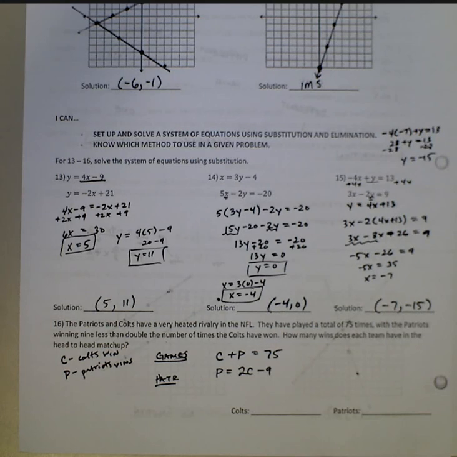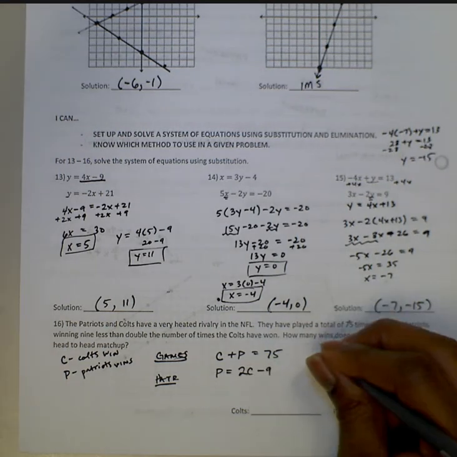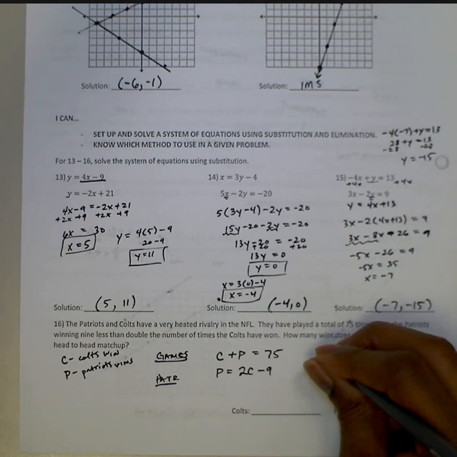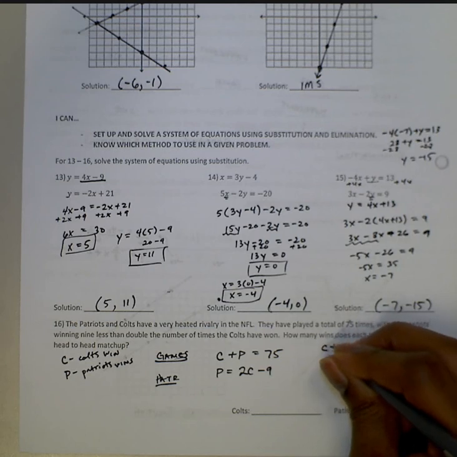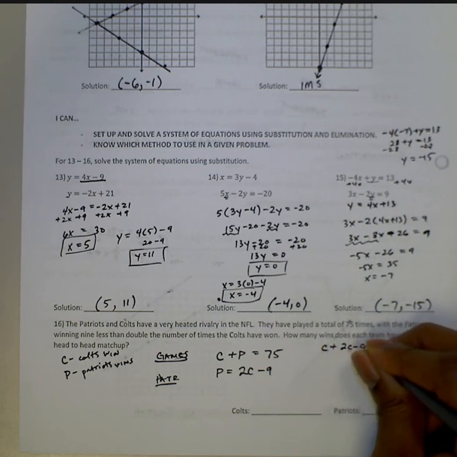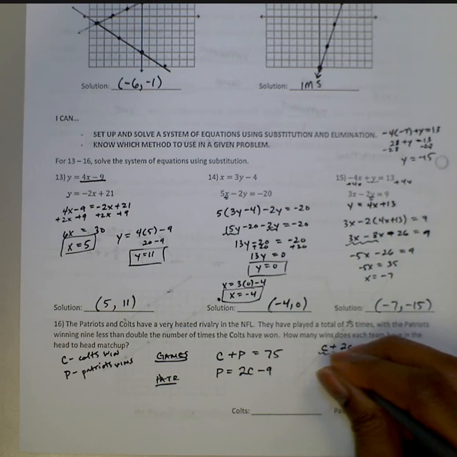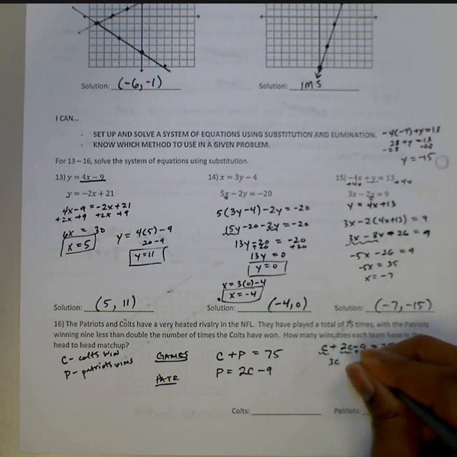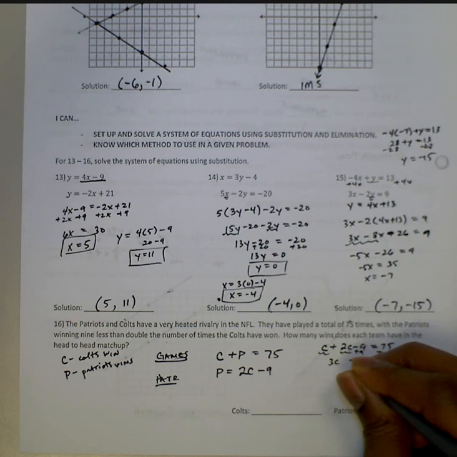This system is set up for substitution because P is by itself. So I'm going to substitute P in that first equation. C plus 2C minus 9 equals 75. Combine my like terms. 3C, add 9 to both sides, equals 84. Divide by 3, C equals 28.